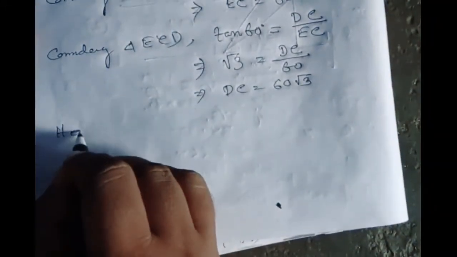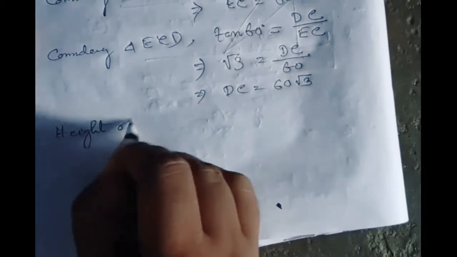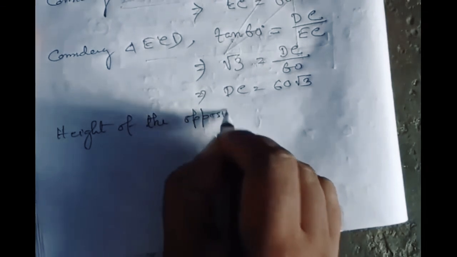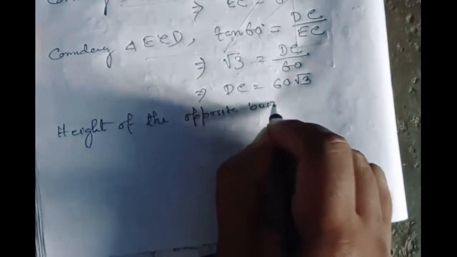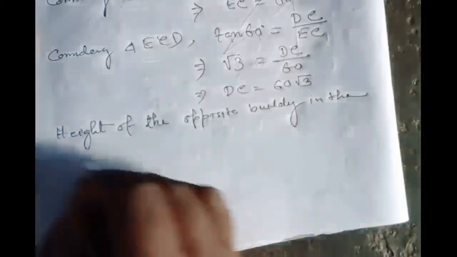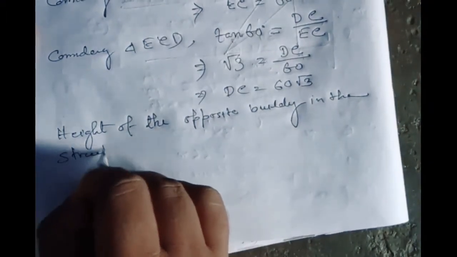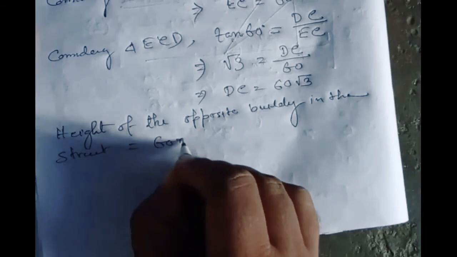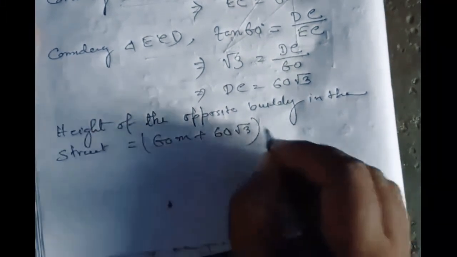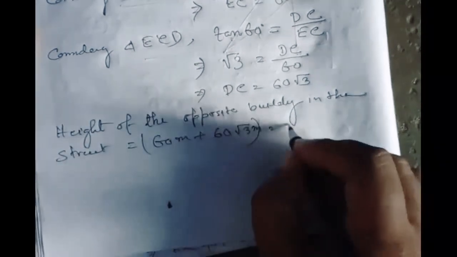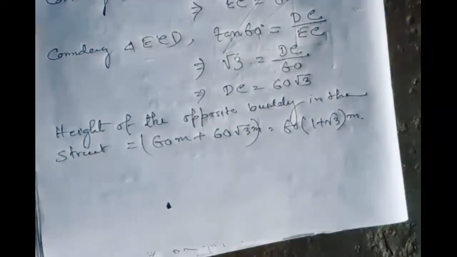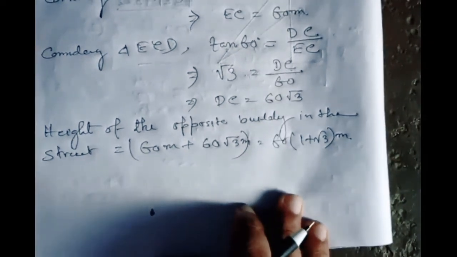So the height of the opposite building in the street is equal to 60 meter plus 60 root 3 meter, that is 60 into (1 plus root 3) meter. Okay, next move to another question.